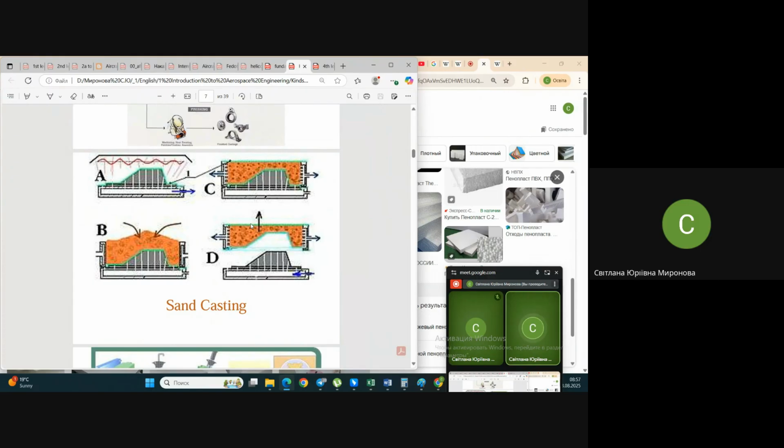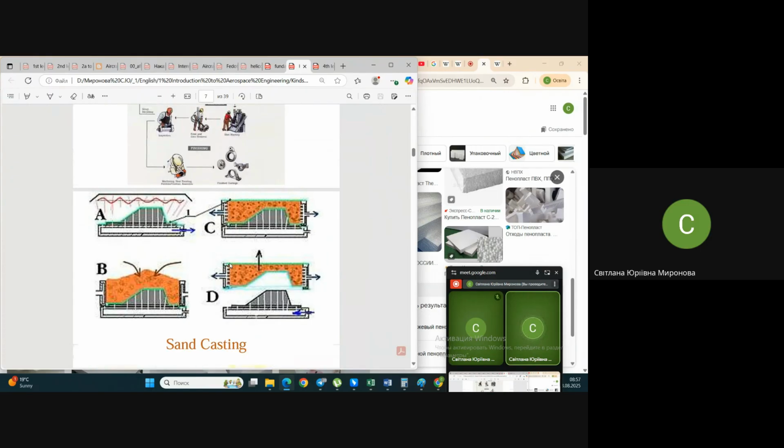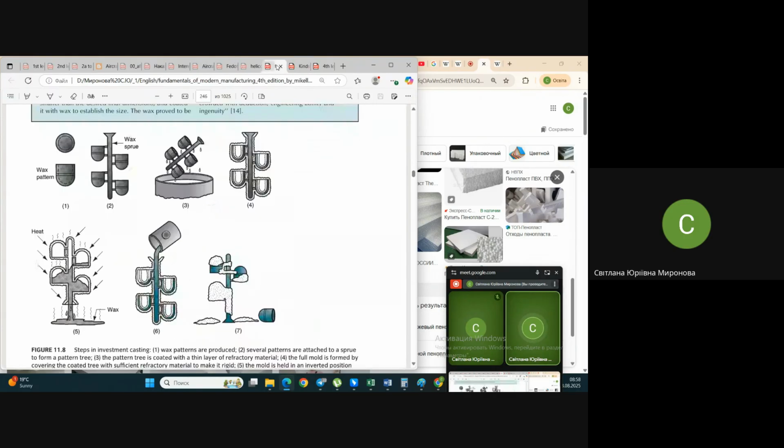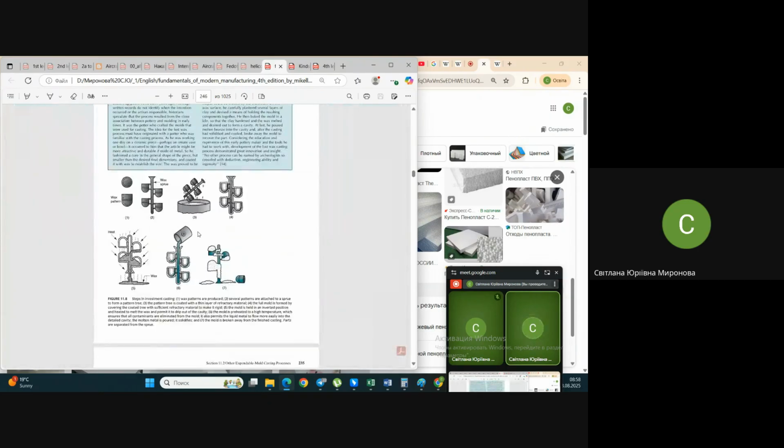So somehow it reminds of die casting, but with an additional option, let's say, rotation of form. And it's usually used for axisymmetrical elements and usually used for rather big parts. Let's take a look here.